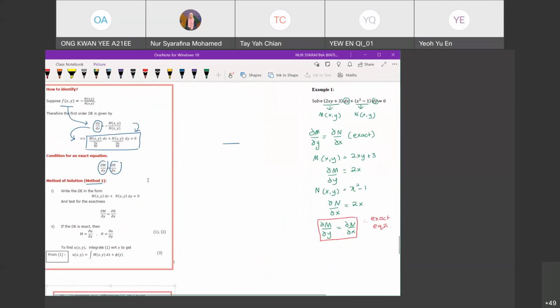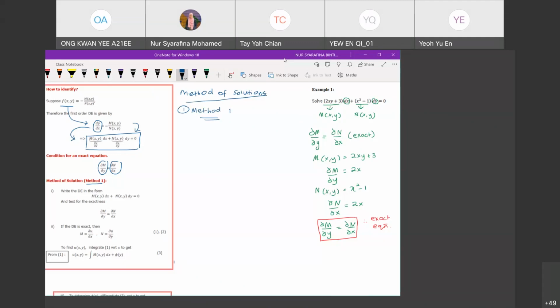Okay, let's proceed with method 1. First, write the differential equation.